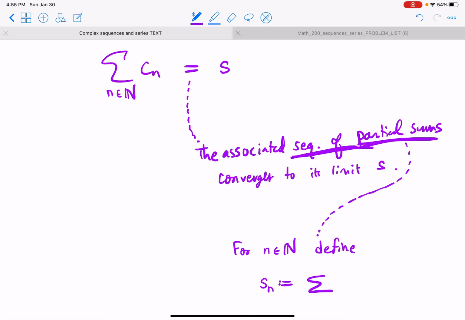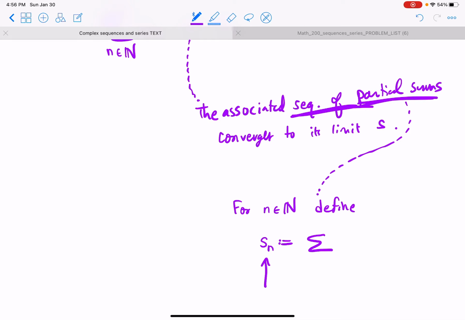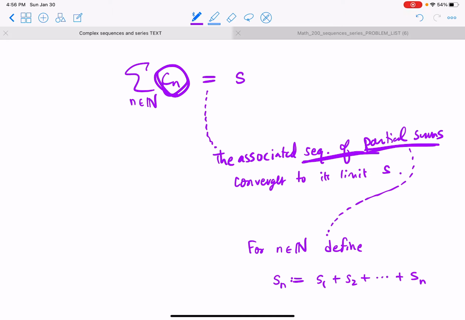And it'll be the sum from, little, I don't know, now we have to make up a new index because here we have already used little n, so we can't write little n there. Basically, it's s1 plus s2 plus dot dot dot plus sn. Whoops, that is wrong. I have to sum up these terms, so all these s's should be c's.